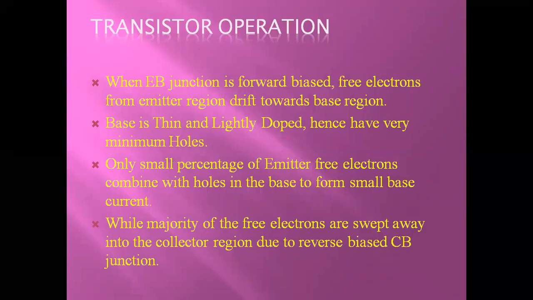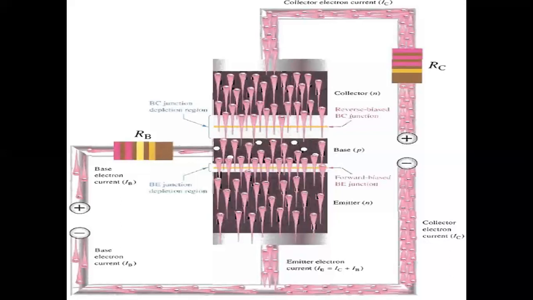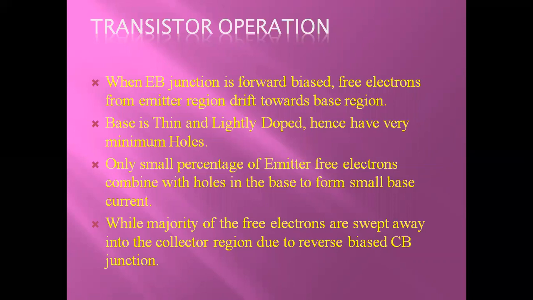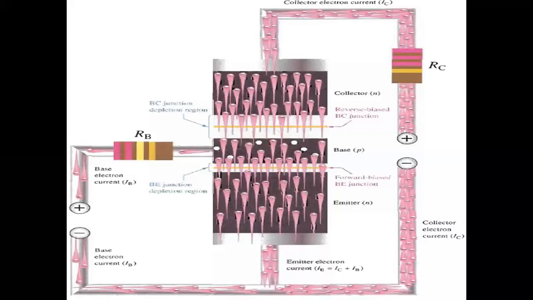So the operation here: when the emitter base junction is forward biased, free electrons from the emitter region drift towards the base region, that is, moving from the emitter to the holes.